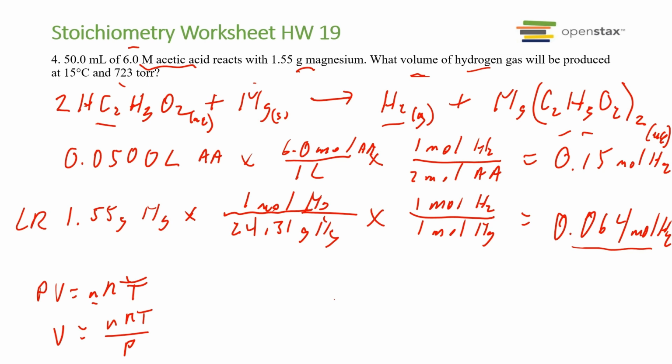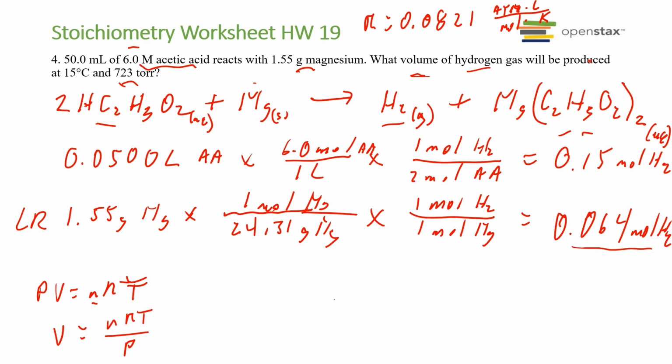It's not on here, but R is equal to 0.0821 atmospheres times liters over moles times Kelvin. Okay. So that's an atmosphere there. So we have to change our pressure to atmospheres. We just do that by dividing by 760.